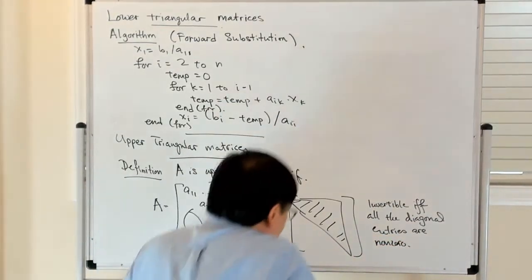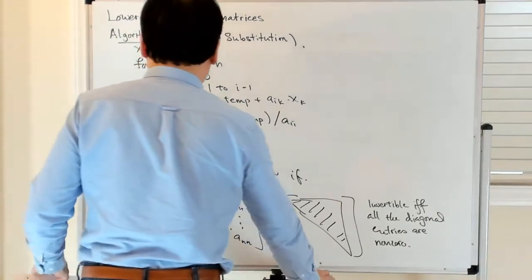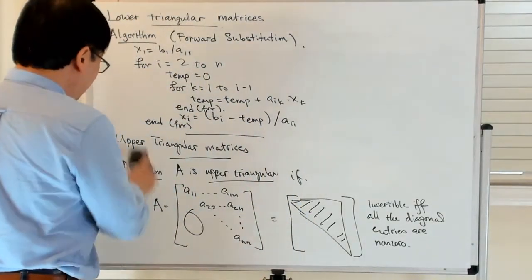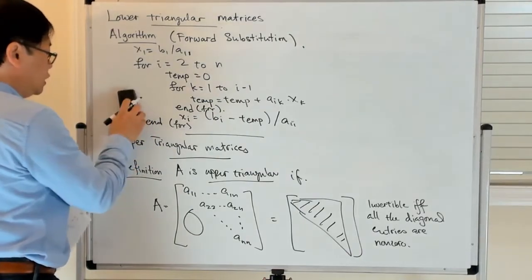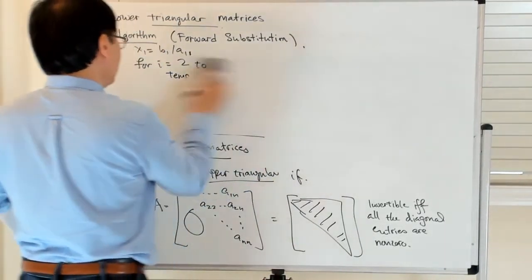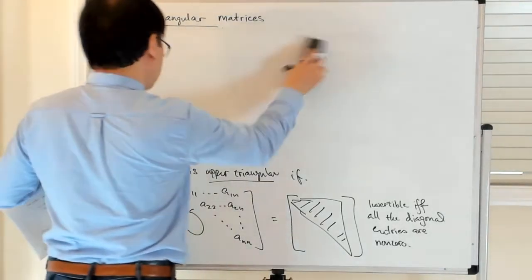Okay. As before, we can write down what the linear system of equations for an upper triangular matrix would look like.